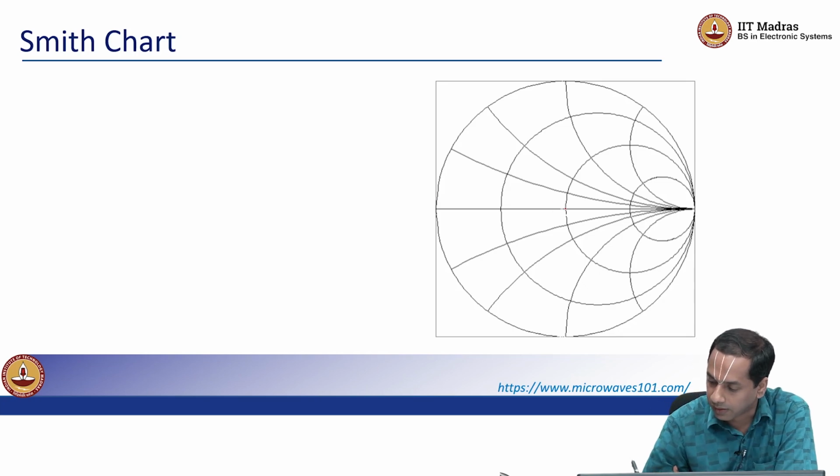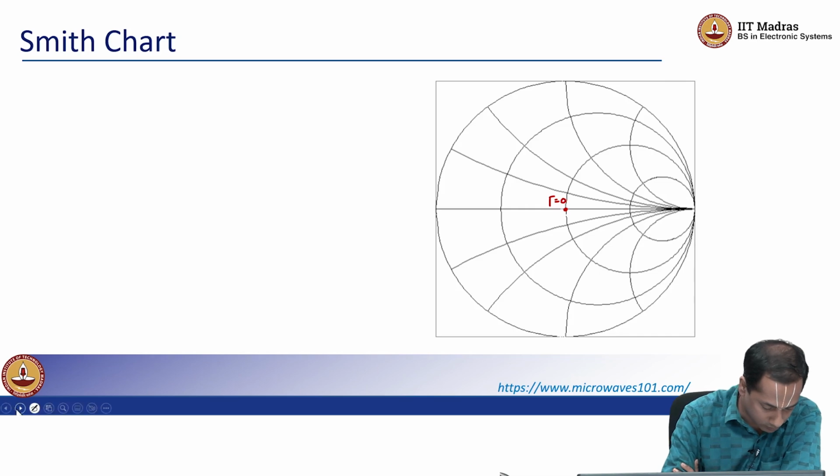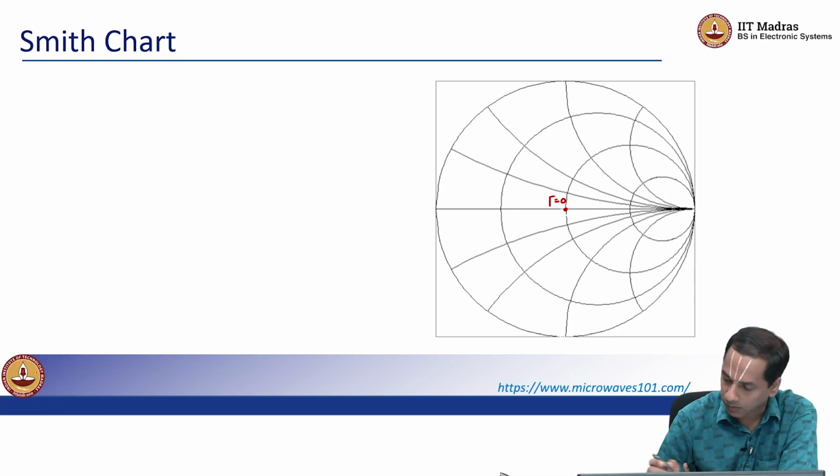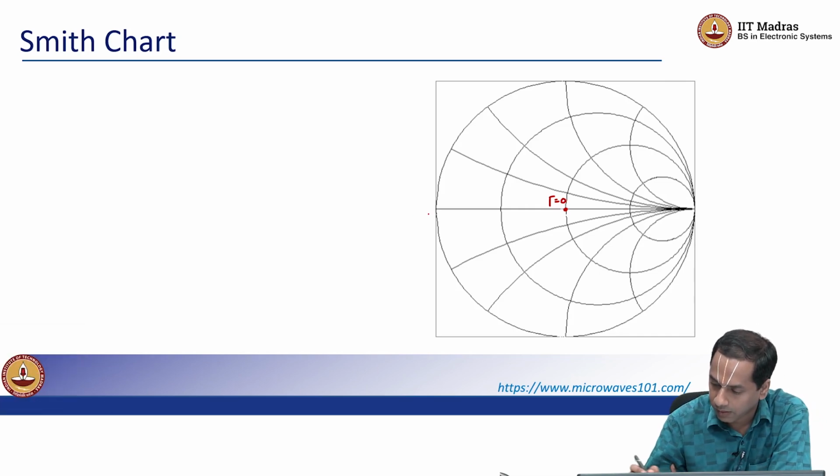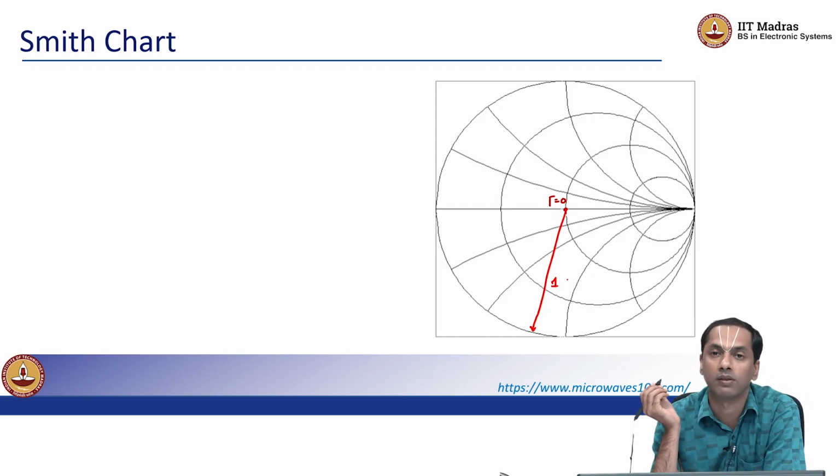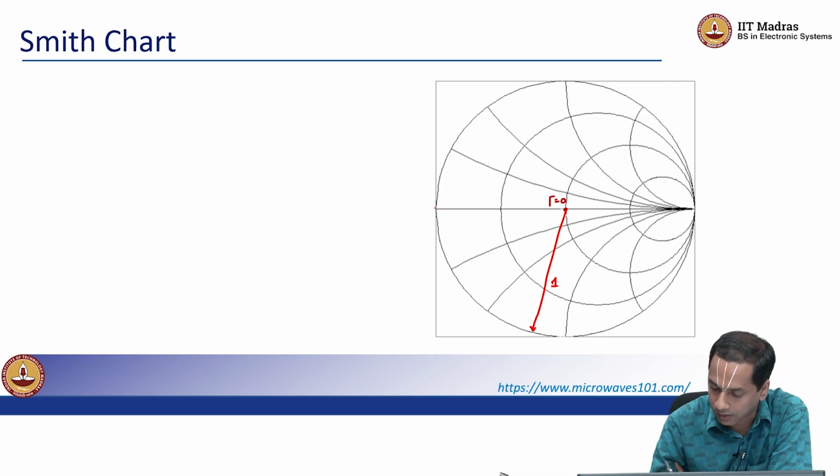So remember that this is my gamma equals 0 point. The radius of this circle is 1. Okay, so this is my short circuit.